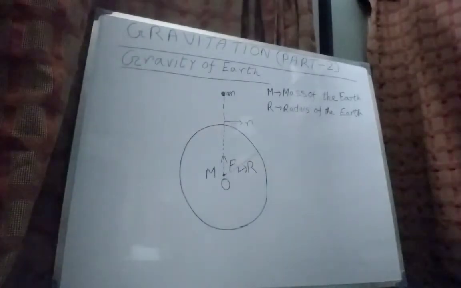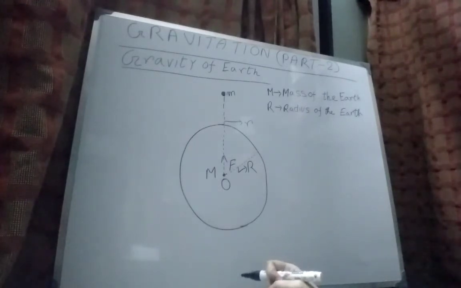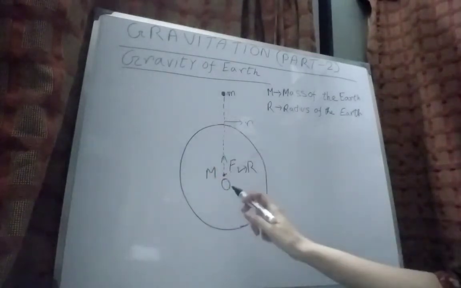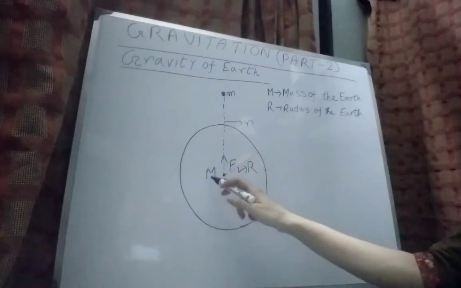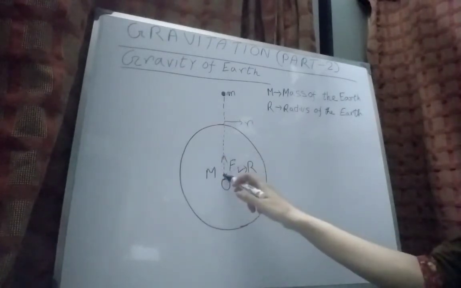Now we will discuss the gravity of earth. Now what is the gravity of earth? We all know that earth is pulling everything towards its center, and if we consider the earth as a uniform sphere, then the mass of the earth M will be concentrated at the center of earth.